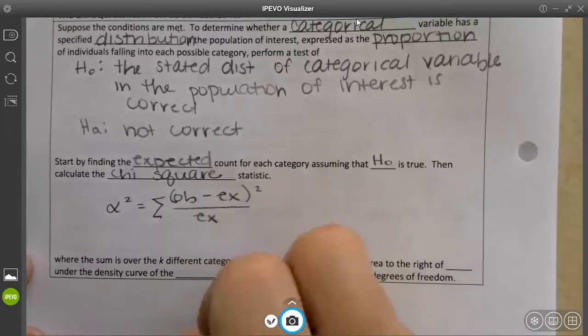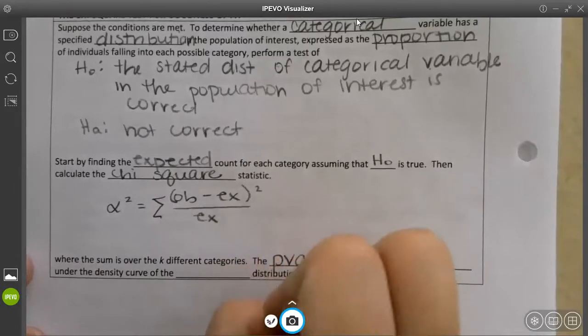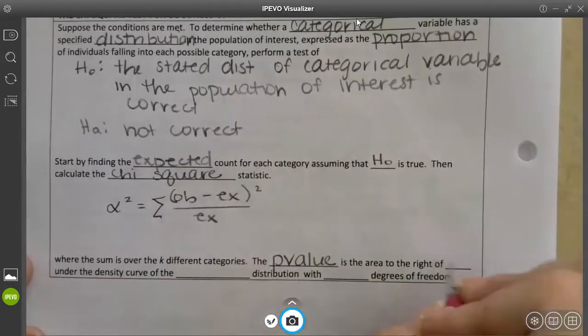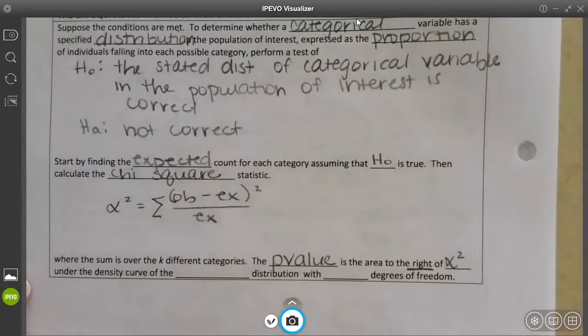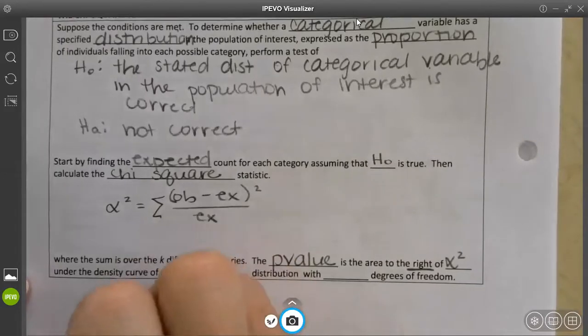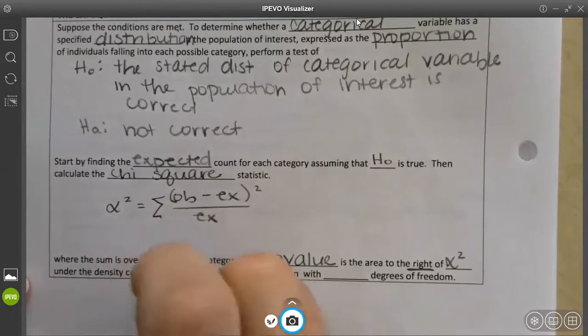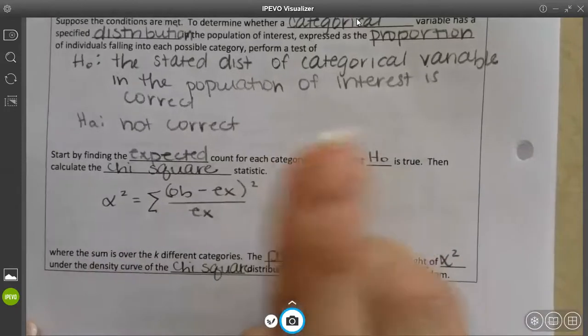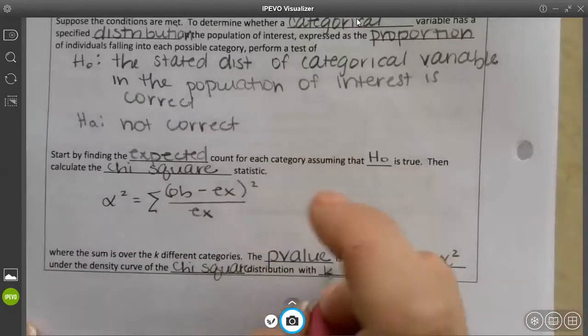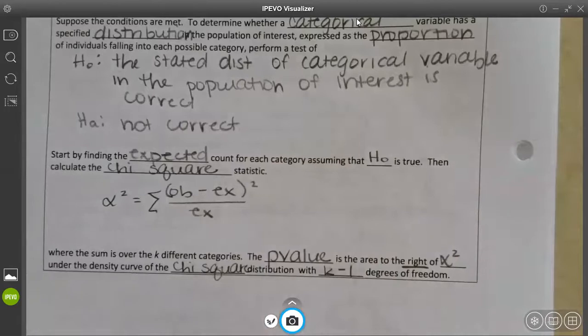The p-value is the area to the right of chi-square. So right there, Rachel, it's always going to be the right unless they justify otherwise. Under the density curve of the chi-square distribution with k minus 1, so k standing for categories, minus 1 degrees of freedom. So now we're going to do a state plan do conclude with this.